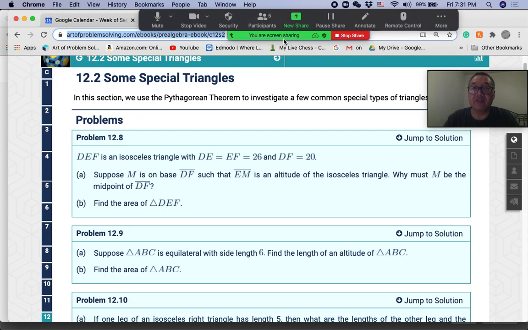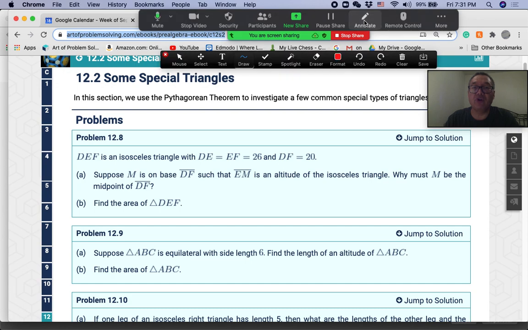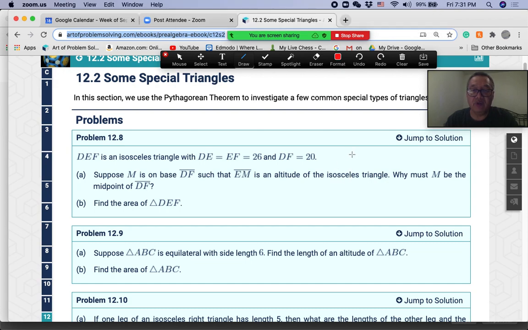So first, for a geometry problem, you need to draw a picture, a diagram. That will help you a lot. Otherwise, you feel very confused. Here we have two sides that are equal.